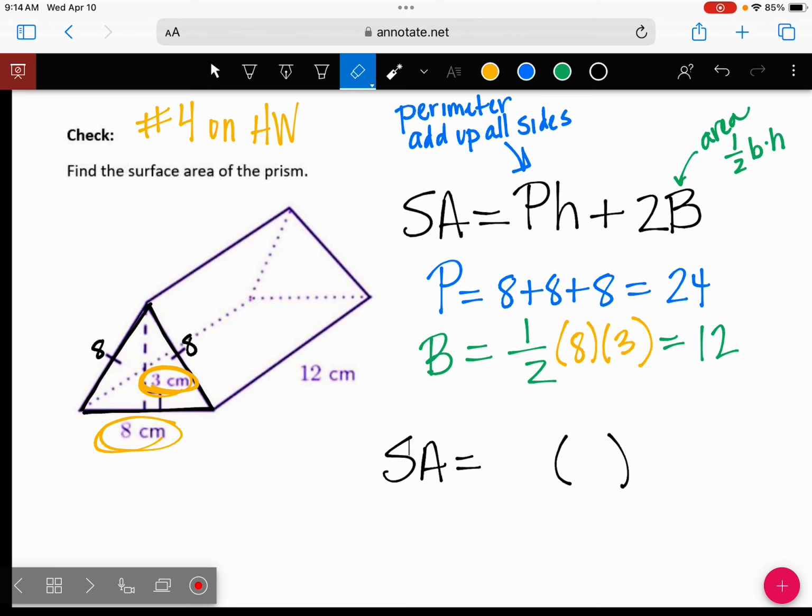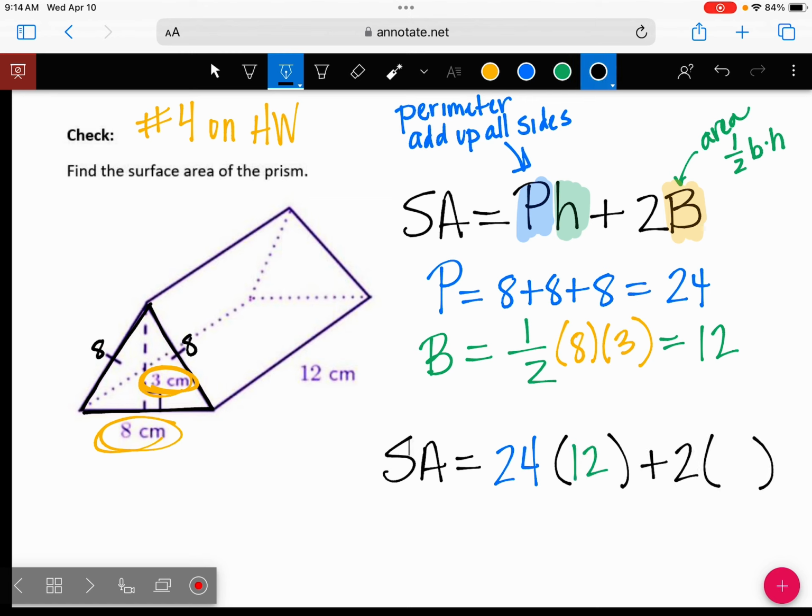So for a base with triangles, you don't square it after you do the 1/2, the base, the height. First, you have to find the perimeter, and then you have to find the area. And now we're just substituting in these numbers. This is P, this is H, this is B. So we figured out that the perimeter is 24. The height is 12.